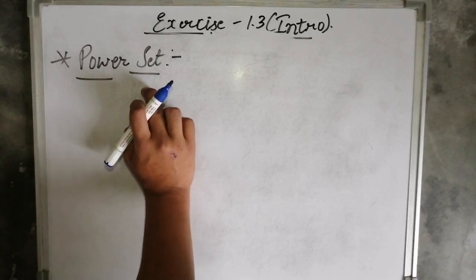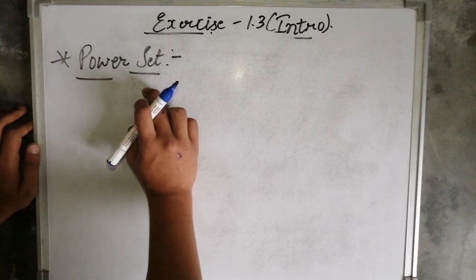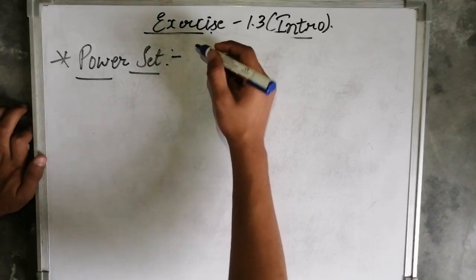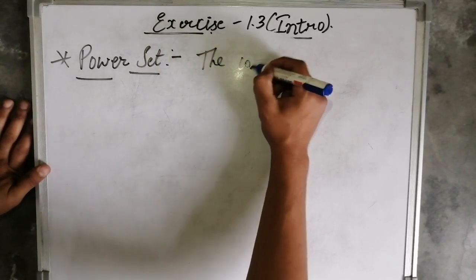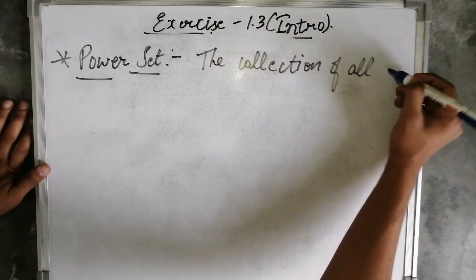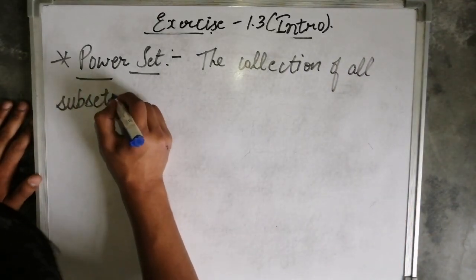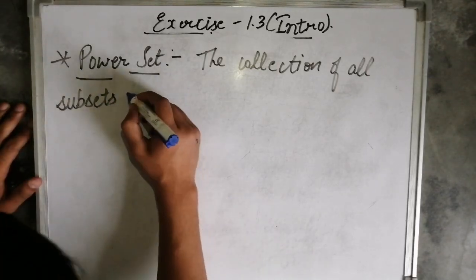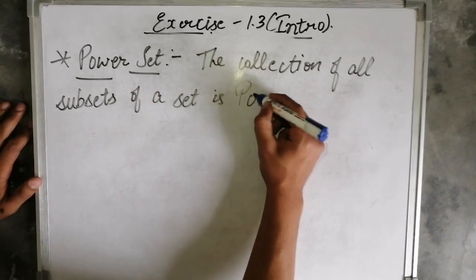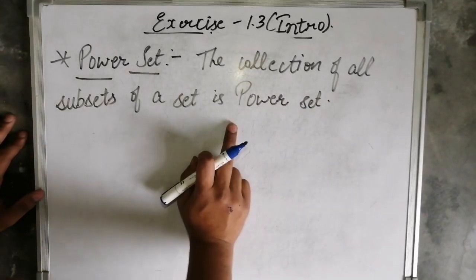What you have to learn is just the definition, and the definition according to NCERT is: the collection of all subsets of a set A is called the power set of A. Okay, what does this mean?